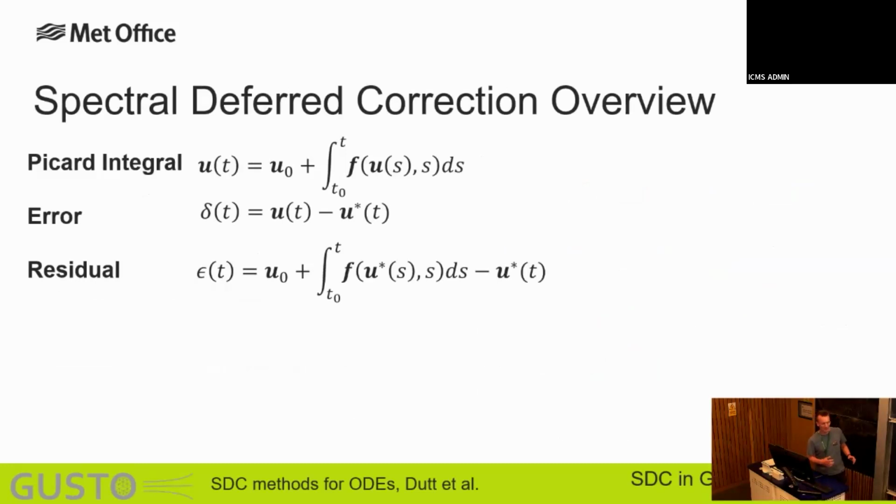So I'm going to go through two ways of looking at SDC. The first one, you're starting with your Picard integral form, your error equation, so your actual solution minus your approximate solution, which is delta, and the residual, which is epsilon, which is your solution at time 0 plus the integral of the right-hand side of the approximate solution minus the solution.